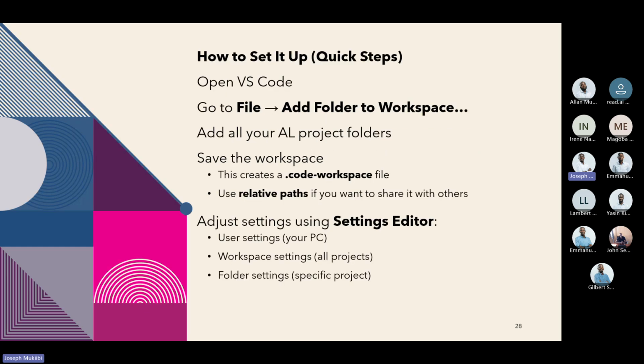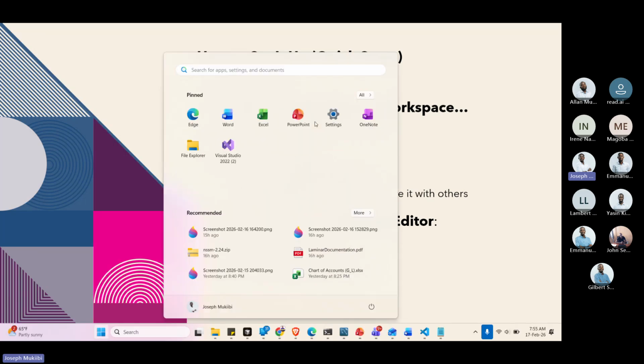So how to set it up? Open your VS Code, go to File, Add Folder to Workspace, and then add all your projects based on which folders you want, and then you can save it. When you save it, it will have a .code-workspace file. I don't know whether I can show you shortly how it works.